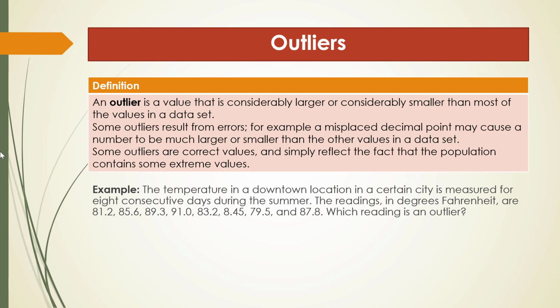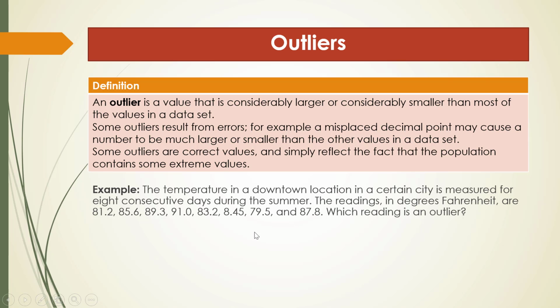For example, the temperature in a downtown location in a certain city is measured for 8 consecutive days during the summer. The readings in degrees Fahrenheit are 81.2, 85.6, 89.3, 91.0, 93.2, 8.45, 79.5, and 87.9.